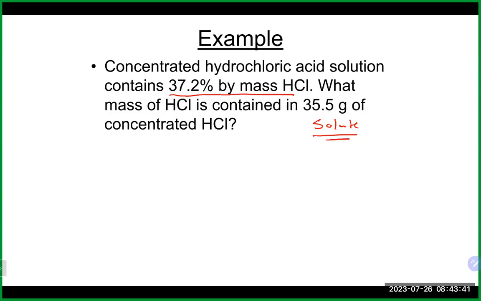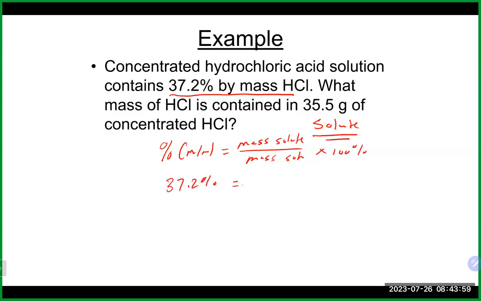So you can either plug and chug into this equation, which means you would have 37.2% equals the mass of the HCl divided by the mass of our solution, which is 35.5 grams, times 100%.